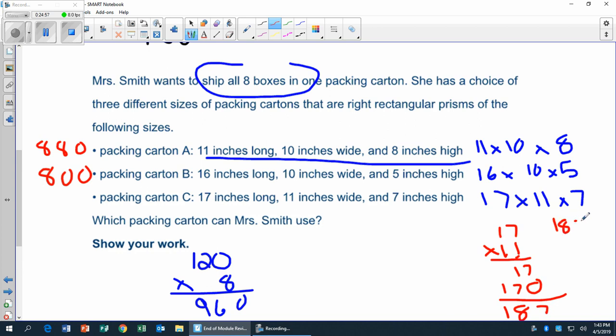And then we take that 187 and we're going to multiply it by 7, and we have 1,309.